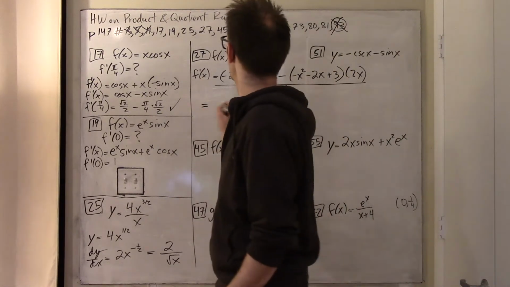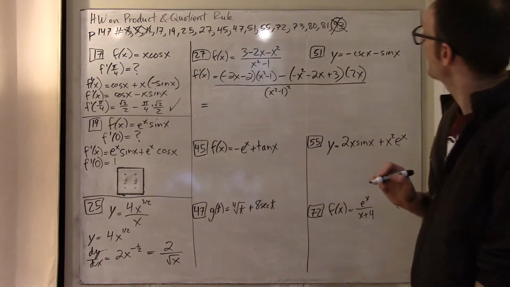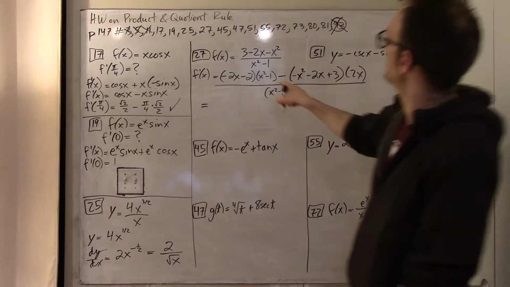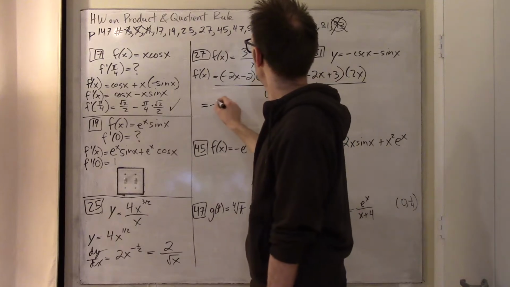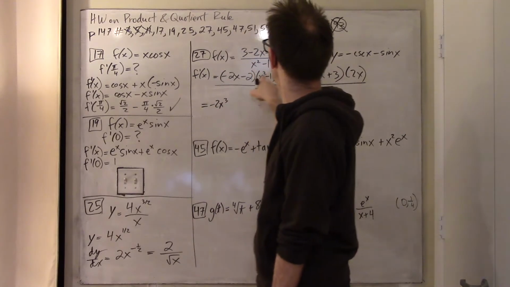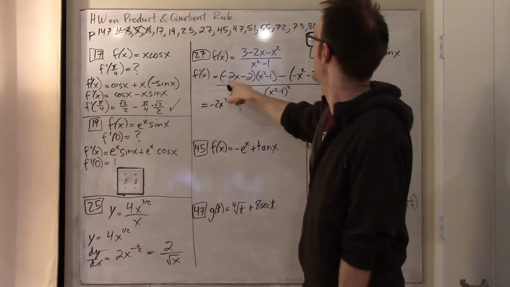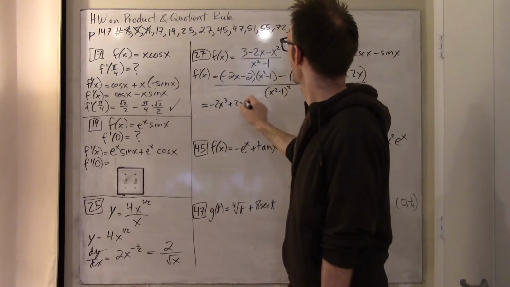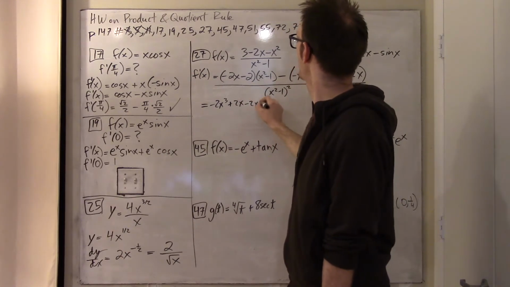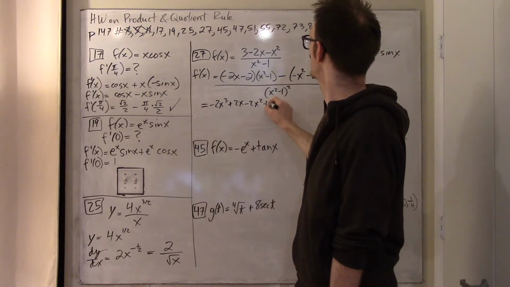Well, okay. If I multiply everything out, what happens? I'm going to get negative 2x cubed plus 2x minus 2x squared plus 2.